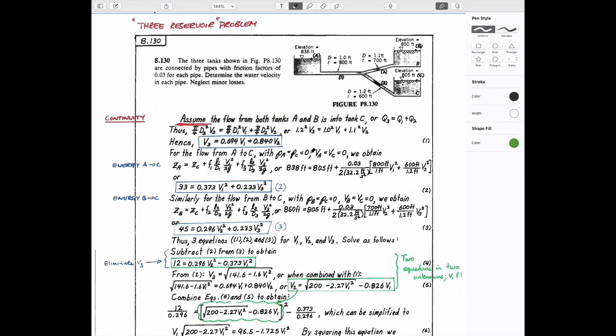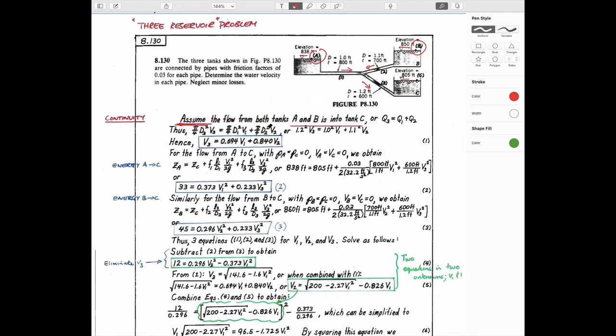And so first of all, you have to make an assumption about what the flow system is. And so the assumption here is that A and B flow into tank C. So A and B, which are both at higher elevation, 850 and 838 feet, flow into 805, which is at the bottom. And so we're basically making the case that this is the flow system here.